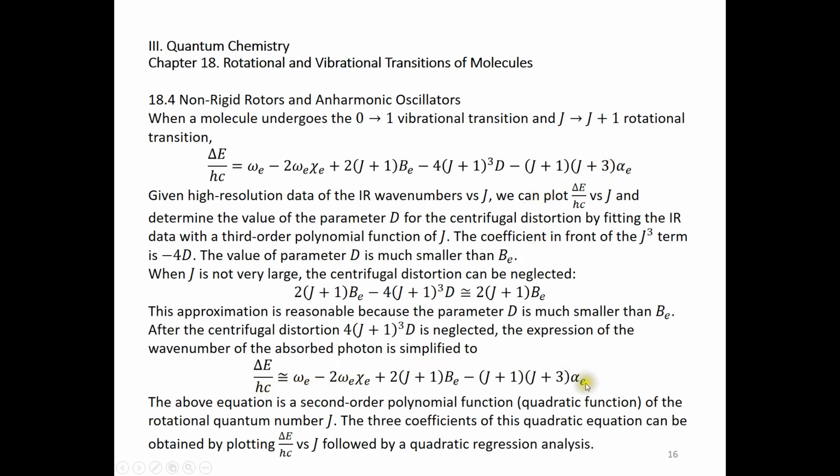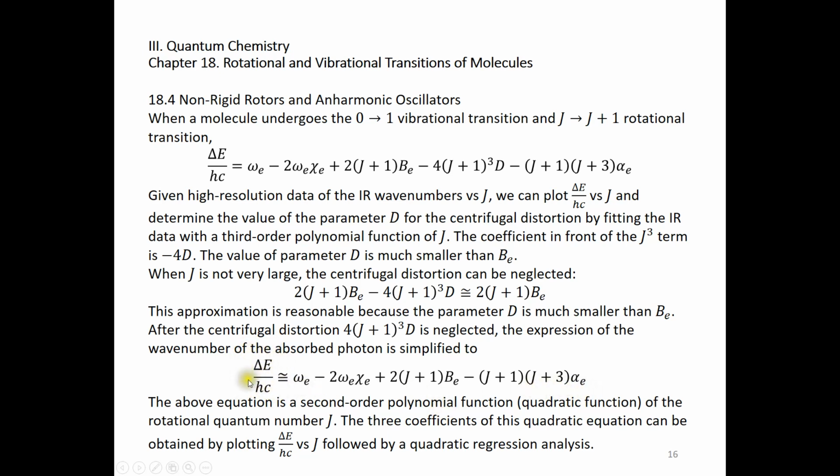So this is the simplified equation when we can neglect the centrifugal distortion or so-called non-rigid correction to the rotational energy. And again, this is a second order polynomial function, so it's a little simpler, and we can plot the wave number here.